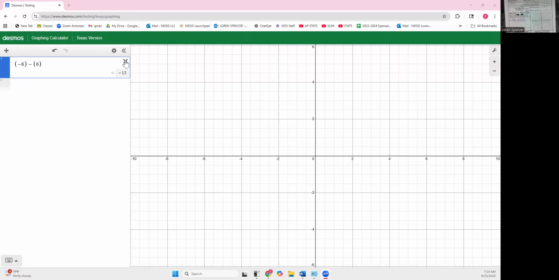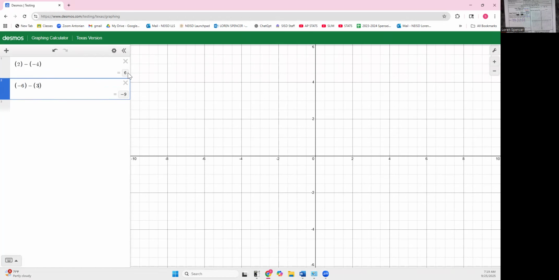Okay, so in Desmos, I'm going to go ahead and drop the parentheses in, that's my y parentheses, and this will be my x parentheses. So on my y, I had 2 and a -4, and on the x's, I had -6 and a 3.